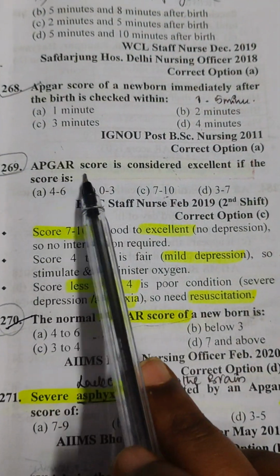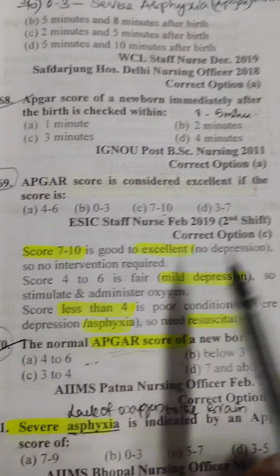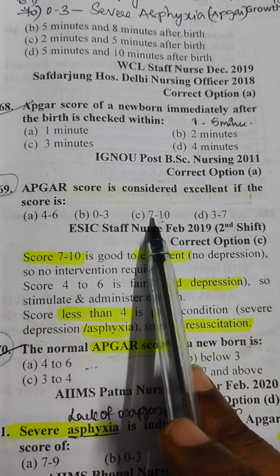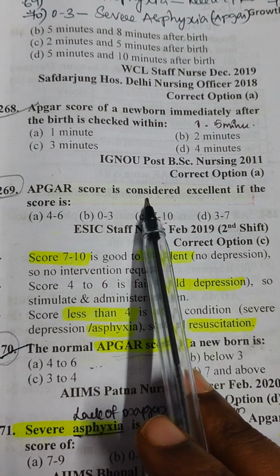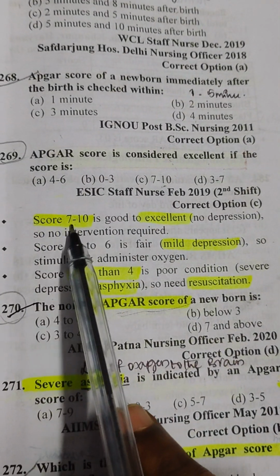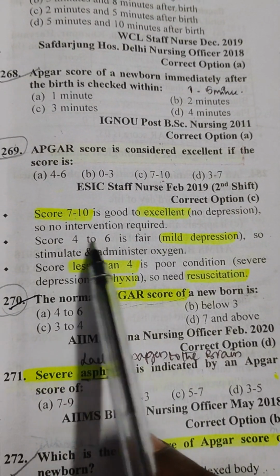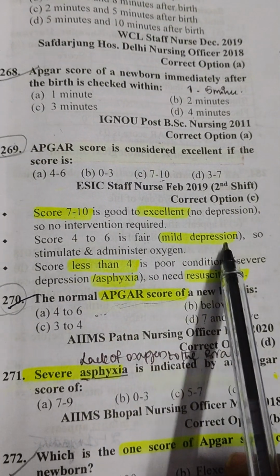The next one: APGAR score is considered excellent if the score is 7 to 10, then you can consider it as a normal score. 7 to 10 is considered good to excellent, and a score of 4 to 6 is fair or mild depression.